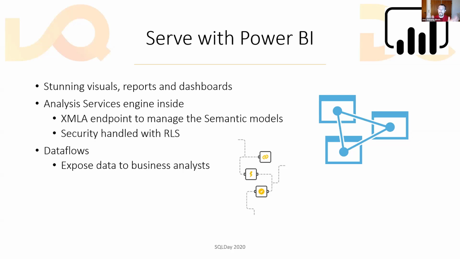But if you're just doing a simple solution, a small solution, you can actually have a lot of data in 1 gigabyte because it is compressed as part of one of the features in the VertiPaq engine inside of analysis services. So you can actually have millions, tens of millions of rows in your fact and dimension tables and still have it on 1 gigabyte, I will say. So nothing problematic here.